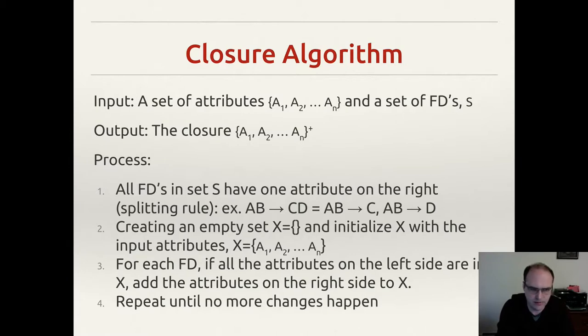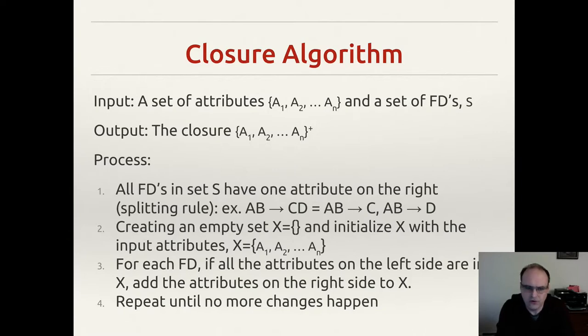So we have our input and our output. The first thing we're going to do, and this is a good thing to do, but it's not always absolutely necessary, is we're going to use the splitting rule, and if we have any functional dependencies that come in set S, and they have multiple attributes on the right-hand side, we're going to break that functional dependency up using the splitting rule until we only have one attribute on the right-hand side.